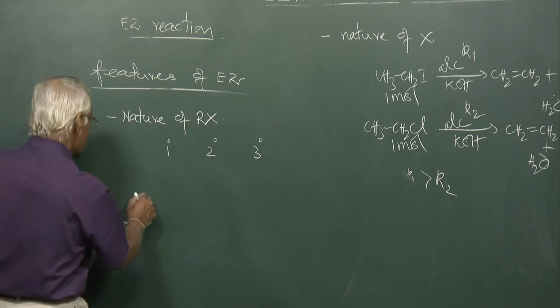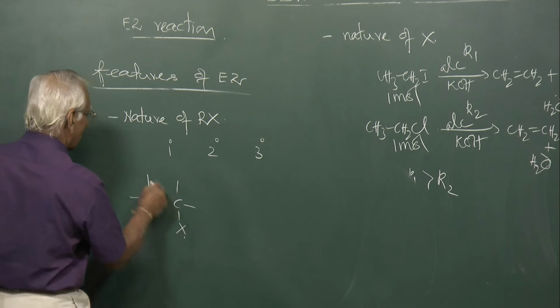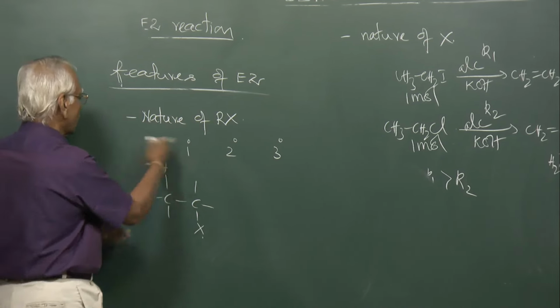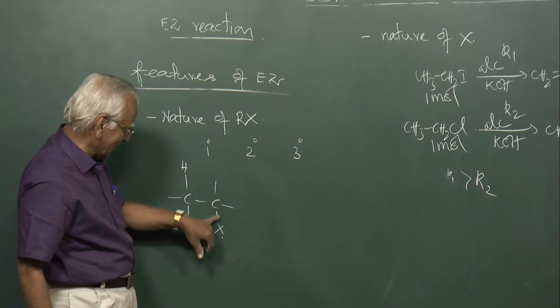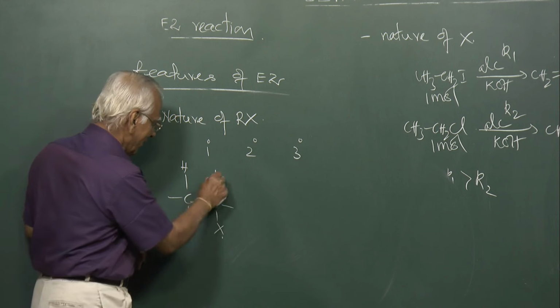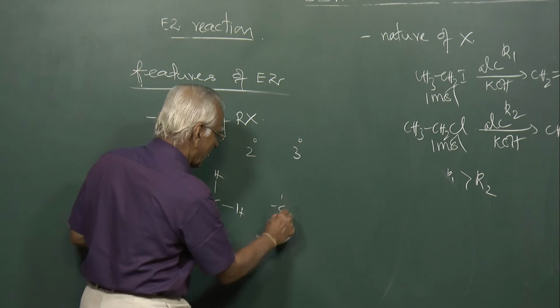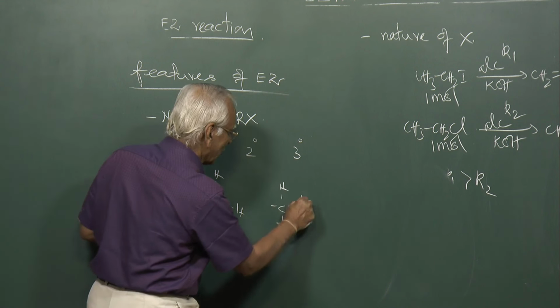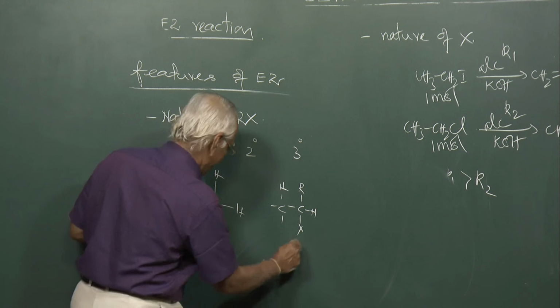Let us visualize. If I want to classify this as a primary, secondary, or tertiary halide, for the primary I need to have 2 hydrogen atoms. I need to have only 1 hydrogen atom and 1 alkyl group for this to be secondary.